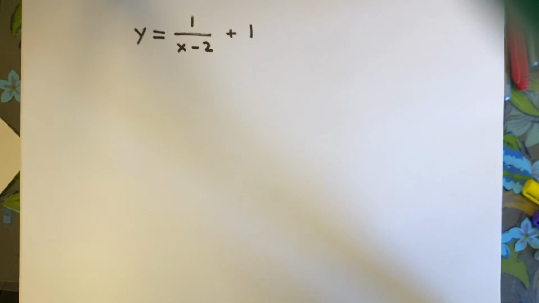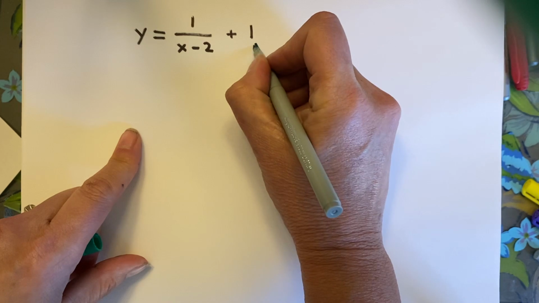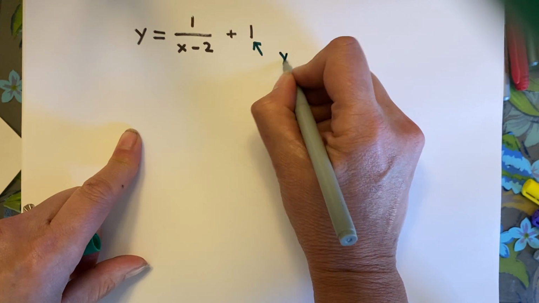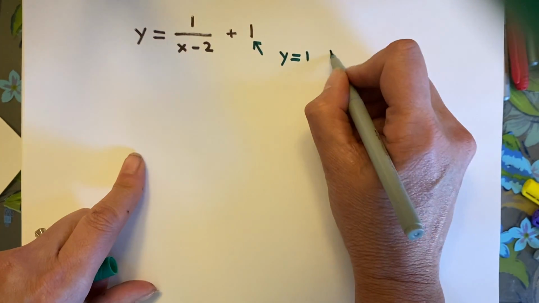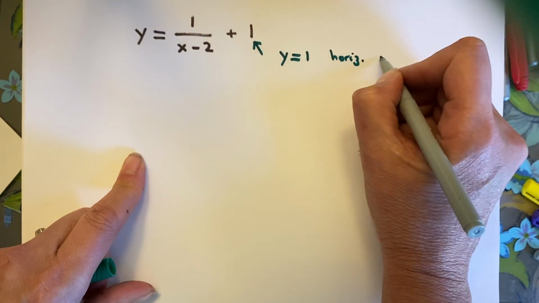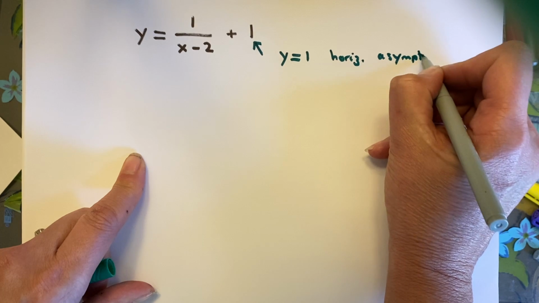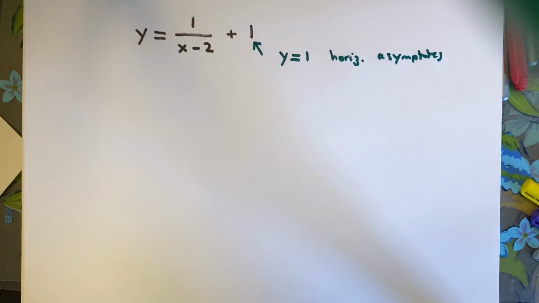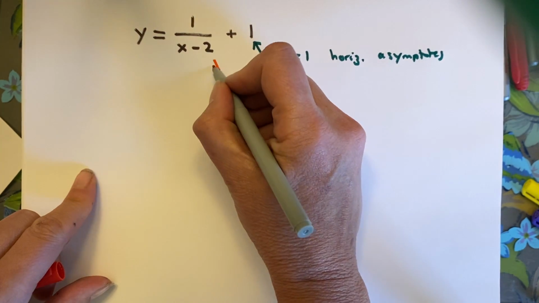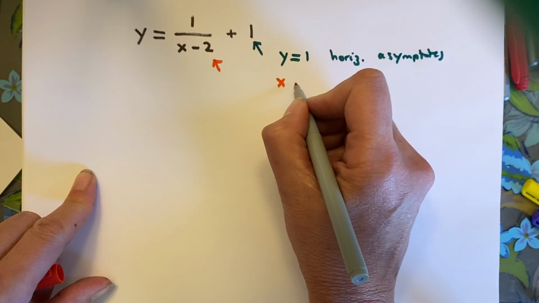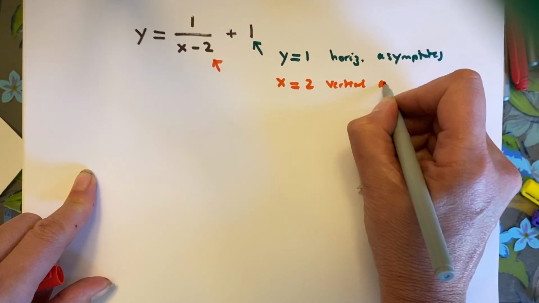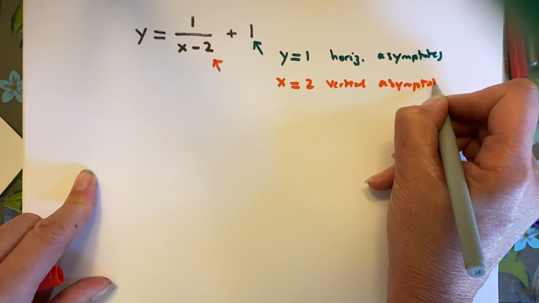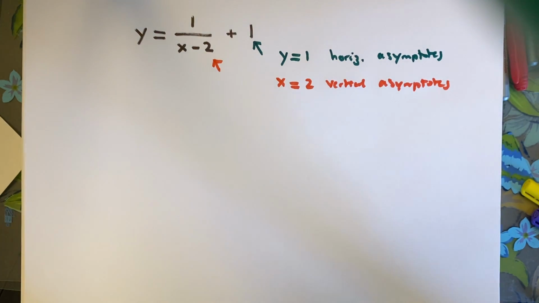So what does this tell me? Well, this says that my horizontal asymptote is y equals 1. This is going to be my horizontal asymptote. In other words, it's going to raise the whole thing by 1. k moves everything up and down, remember? And this means I have an x equals 2 vertical asymptote because I've moved everything over to the right by 2.